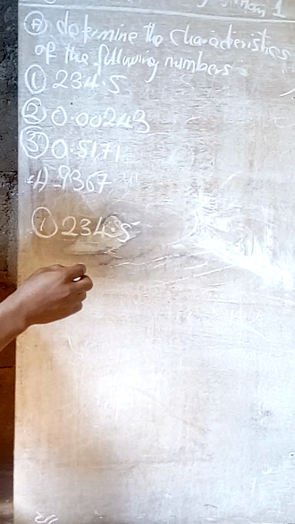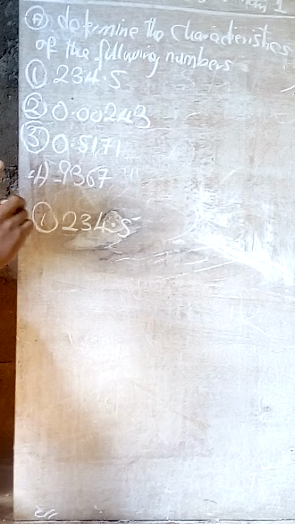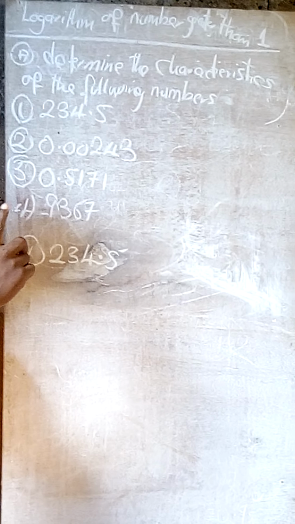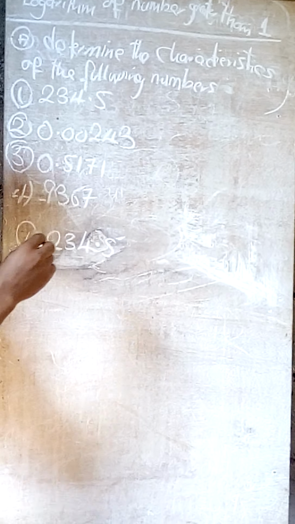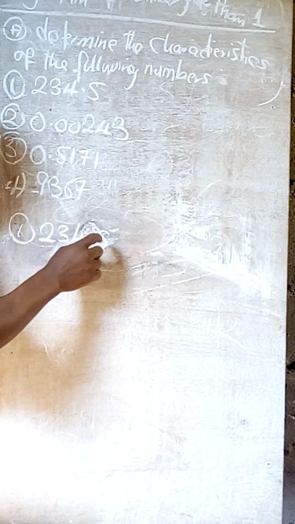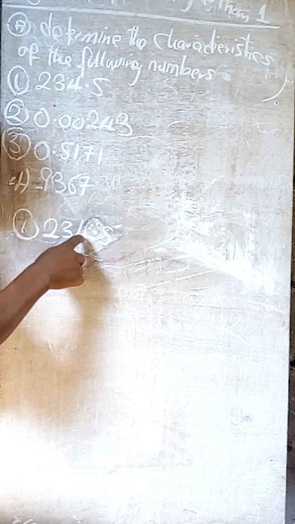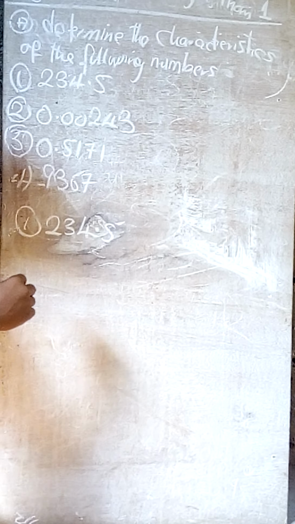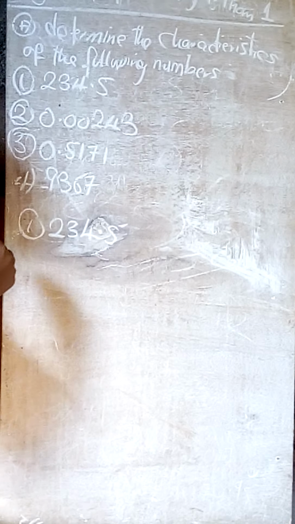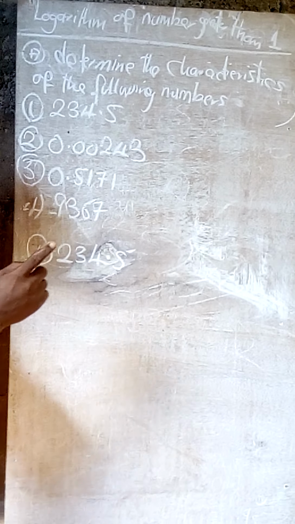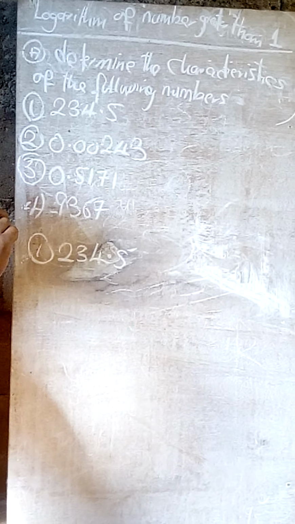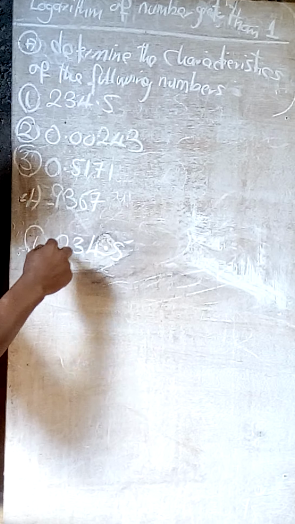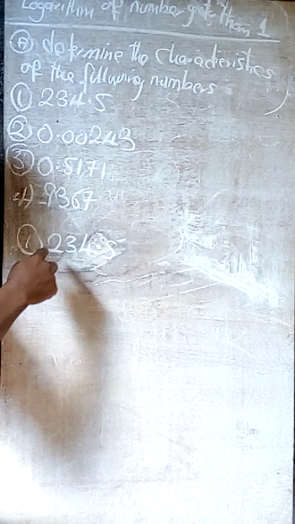It has to be in between the first and the second number. And now you can see that the point is in between the last and the one before the last. We have to count it backward to get our characteristics. As I've said earlier, it must be in between the first and the second number from the left.